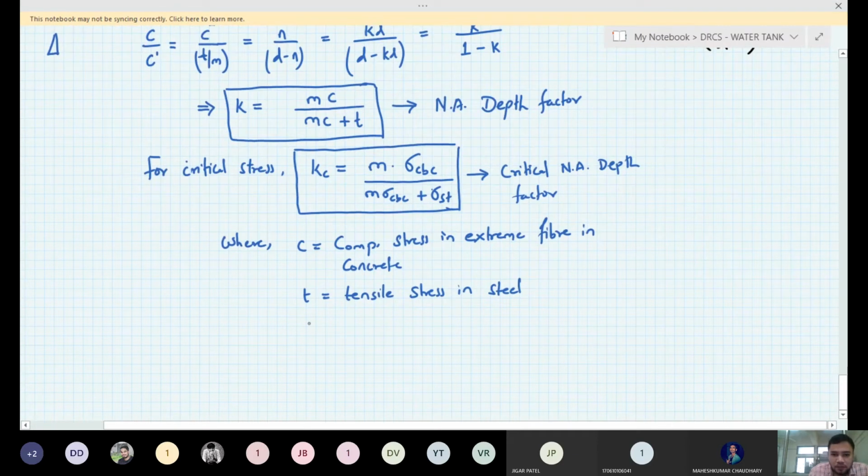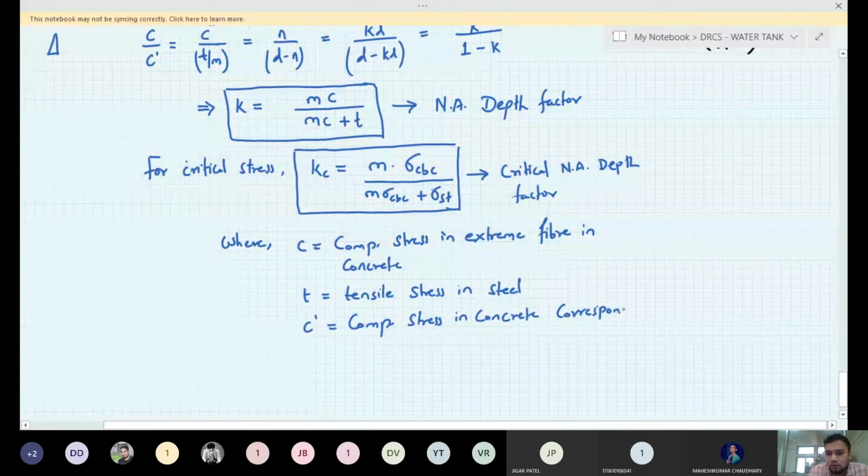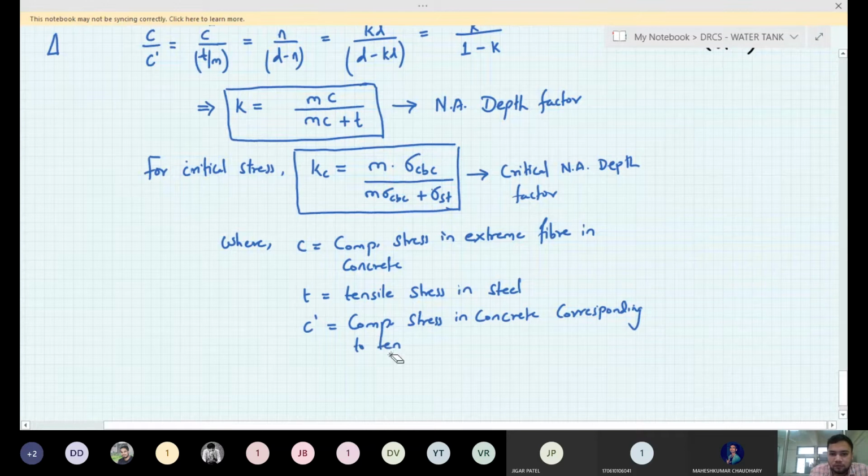C dash is the compressive stress in concrete corresponding to the tensile stress in steel.